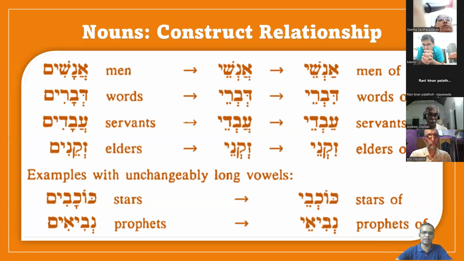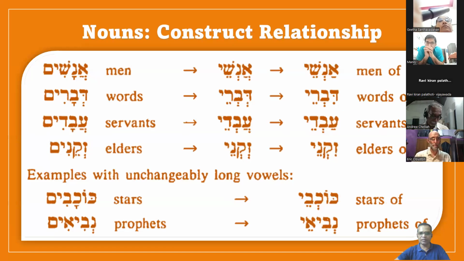Okay, these are the basic rules we learned while learning the inseparable prepositions. And Avadim should be Avede, but it is Avde. Zekenim should be Zekene, but it is Zikne. All right, so two rules are there.